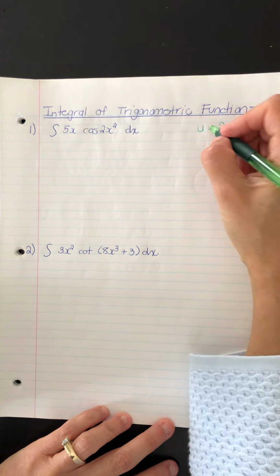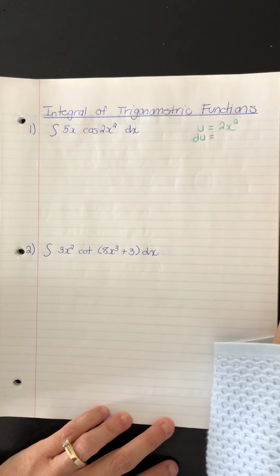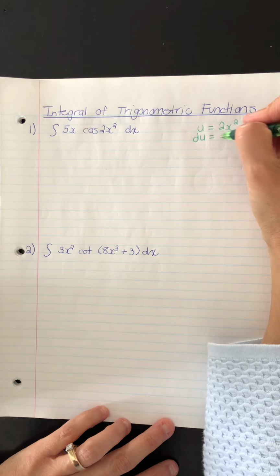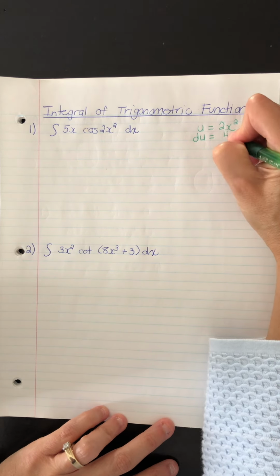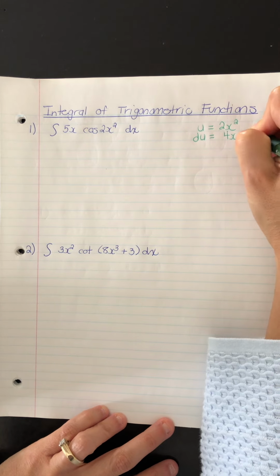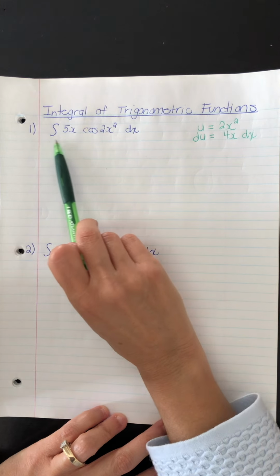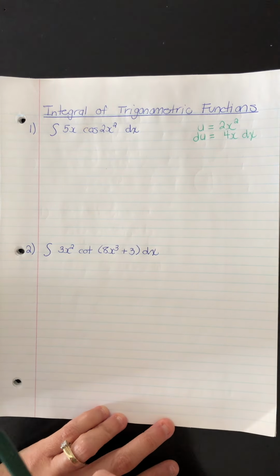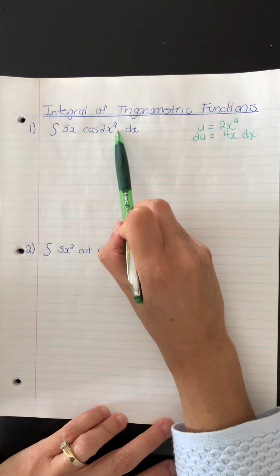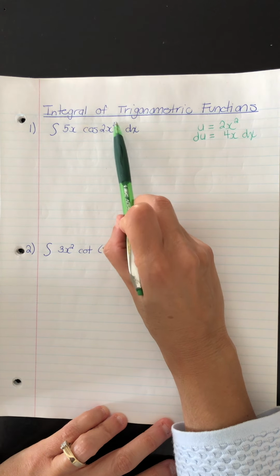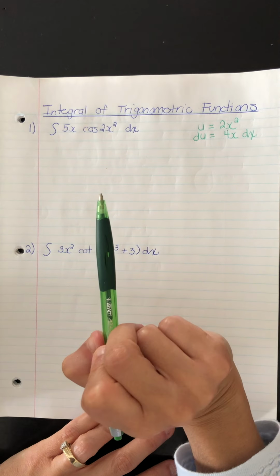If that's the case, what will du be? Du is the derivative of 2x squared, and so it is 4x dx. So now we're going to rewrite this integral using u in place of 2x squared. So we'll have cosine of u.